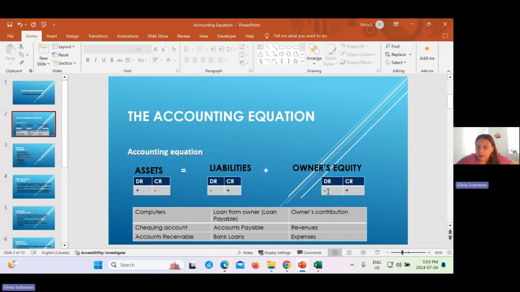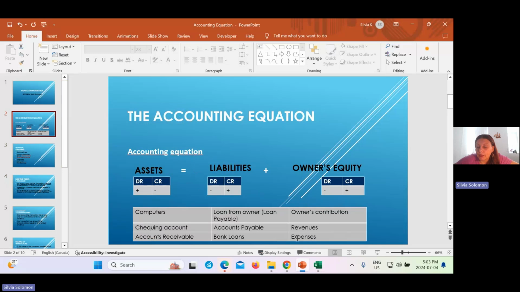The expenses do exactly the opposite because if you have expenses, then you have less owner's equity, okay? Part of the big formula of retained earnings. So the expenses decrease the owner's equity, and they behave exactly the opposite of the revenue.